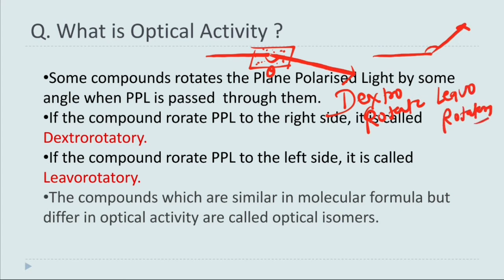Okay, so dextro-rotatory and levorotatory, that is the behavior of that compound, whether it rotates the PPL into the right direction or the left direction. Now there is some angle of rotation, theta, so this angle will be called the angle of rotation.